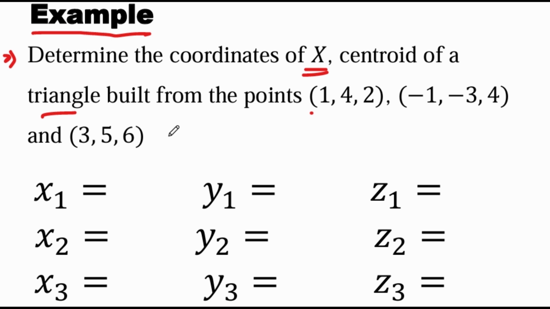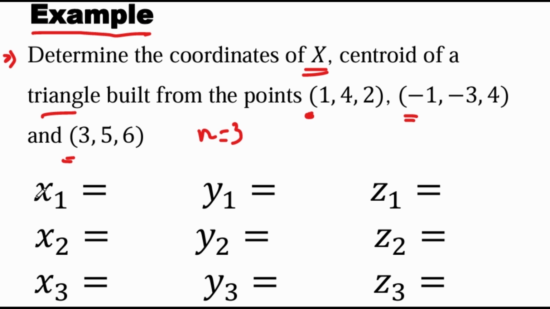Here, we have 3 points, so n equals 3. The first point indicates x1, y1, z1. The second point shows x2, y2, and z2, and the third point indicates x3, y3, and z3.